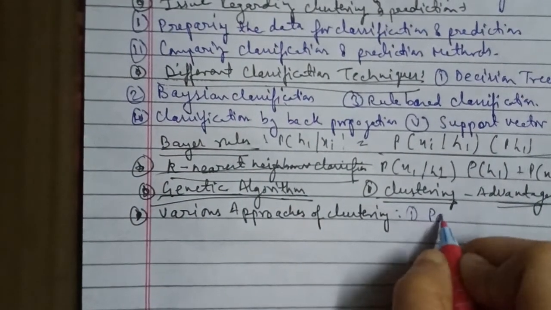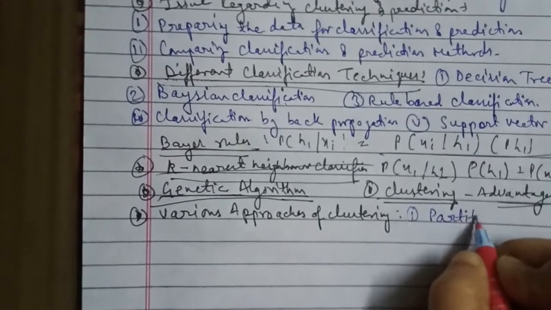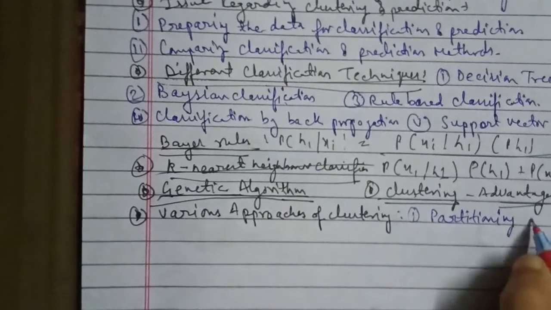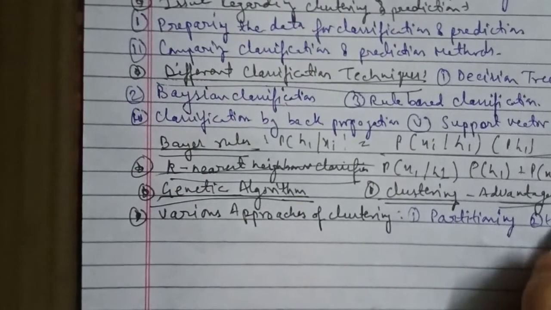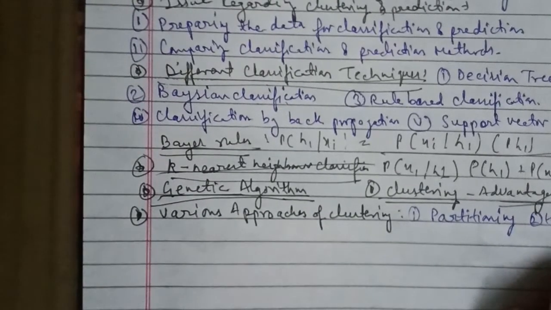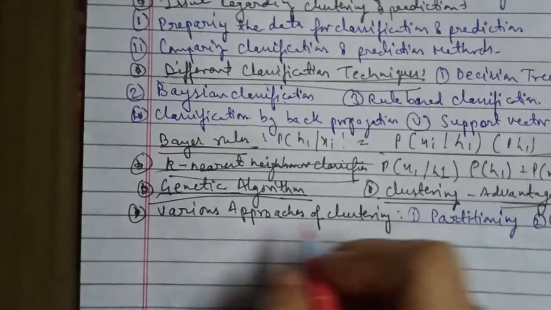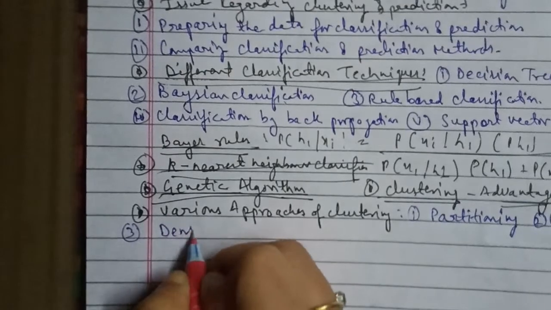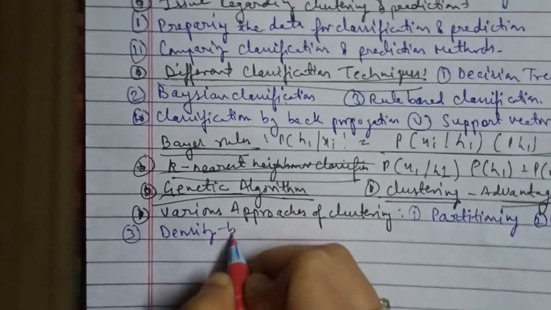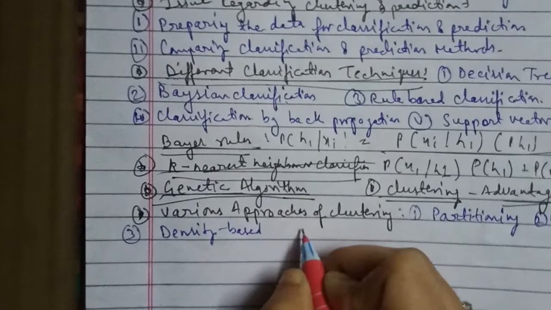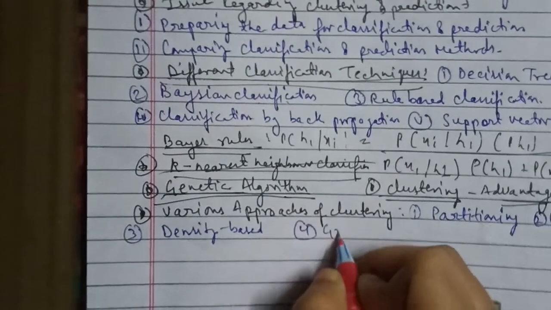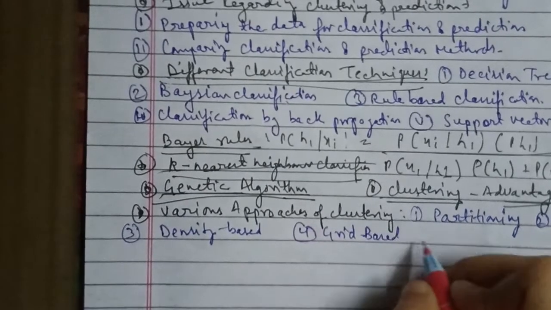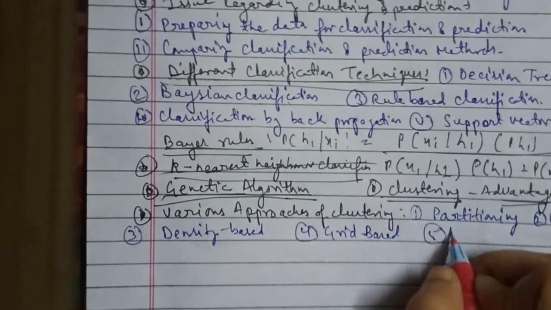The first is the partitioning method. The second is the hierarchical method. The third is the density based method. The fourth is the grid based method. And the fifth and last is the model based method.